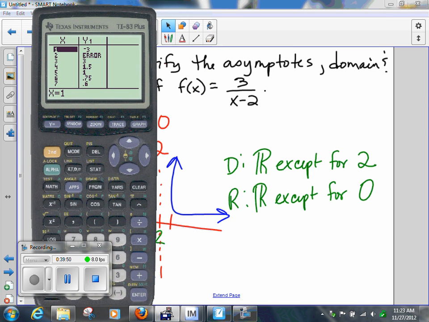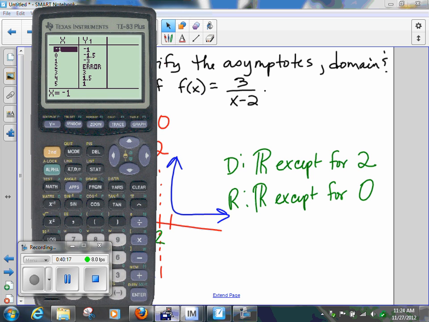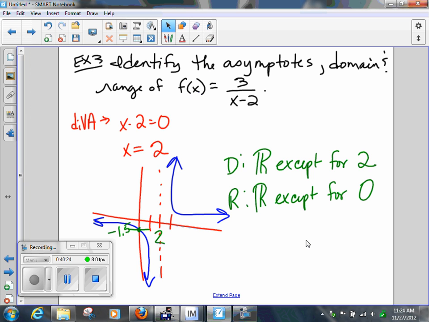And then, what else does this tell me in my table? When x is 0, what happens? Thank you. The y-intercept, which is here, is at negative 1.5. Is that what it said? Yep. Okay. Just something else you can pay attention to.